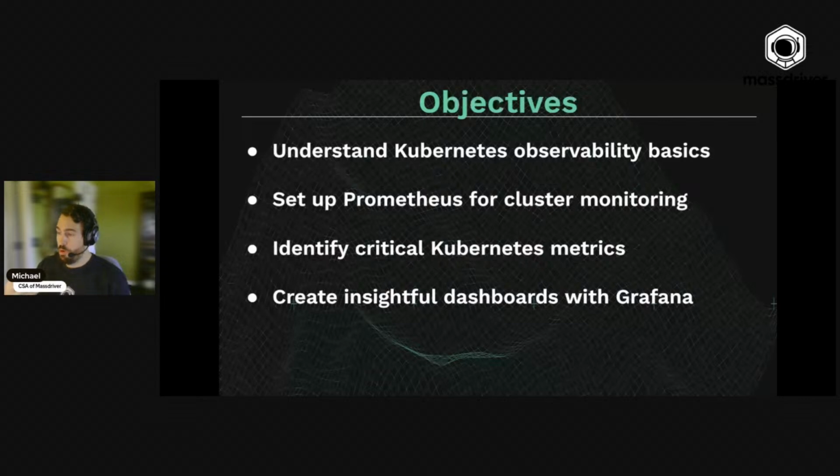We'll set up Prometheus on a blank Kubernetes cluster that's going to be up and running for monitoring. And then we're going to be talking about some more of the critical metrics to track, such as CPU or memory. And then we'll close the webinar by using Grafana to create a custom dashboard to monitor some of these metrics.